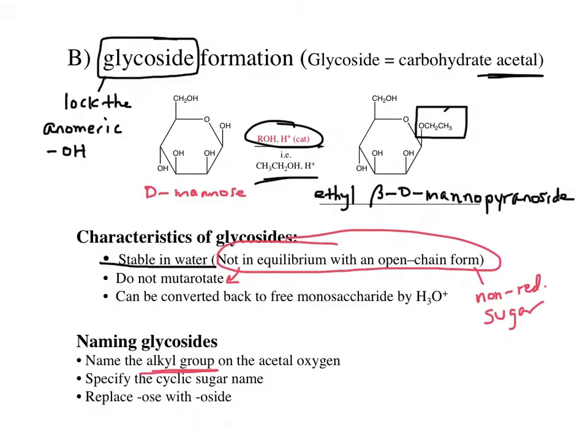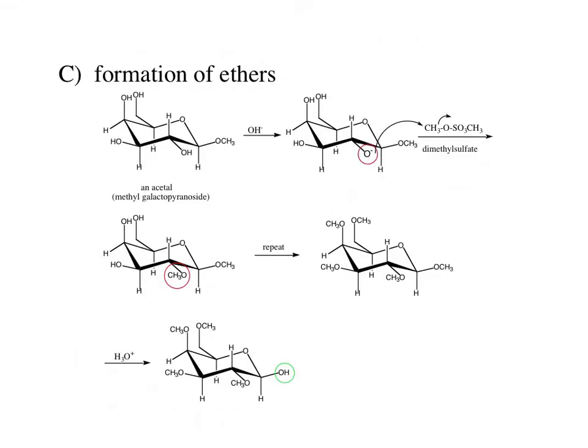All right, continuing on. Formation of ethers. This is doing all the other ones. And the reaction's actually pretty straightforward. We're going to form OR groups at all those other OHs, every single one of them. So the first thing you do is you treat it with base, and the base will attack the hydrogen of that OH group and deprotonate it.